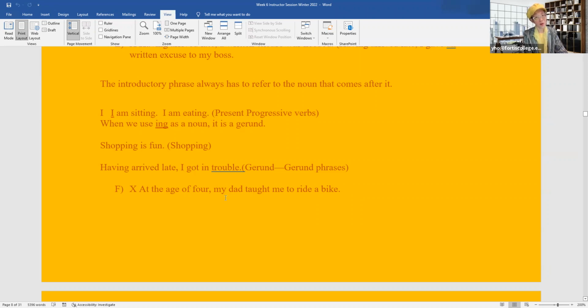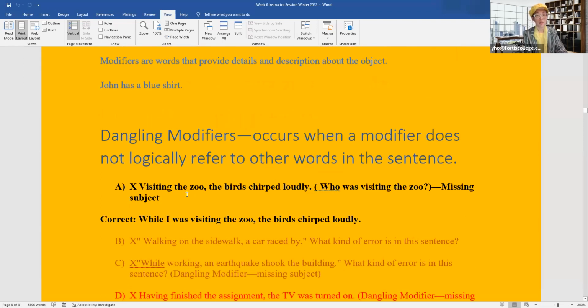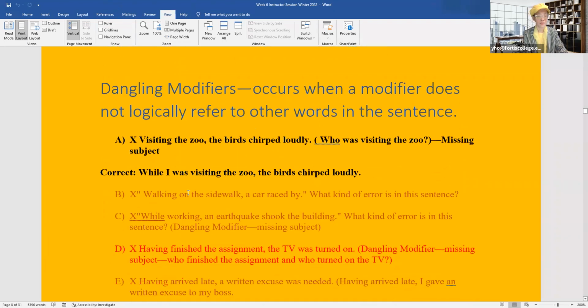Obviously, your father is not going to be 4 years old and teaching you how to ride a bike. So it should be, when I was 4 years old, my father taught me how to ride a bike. So these are all examples of dangling modifiers. And a dangling modifier occurs when a modifier does not logically refer to other words in the sentence because it's missing a subject.